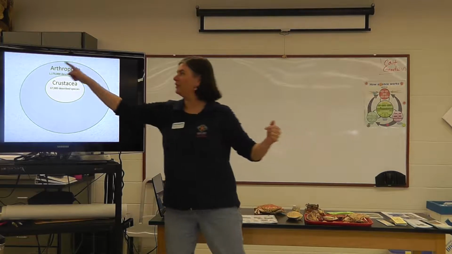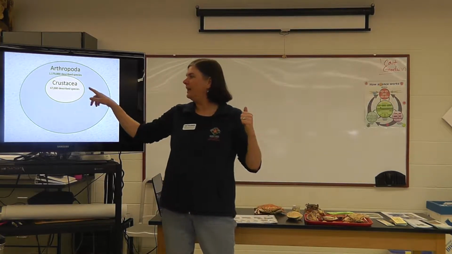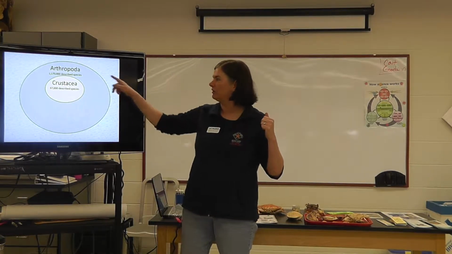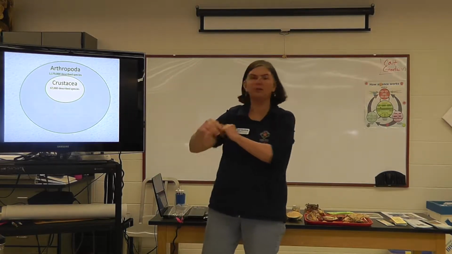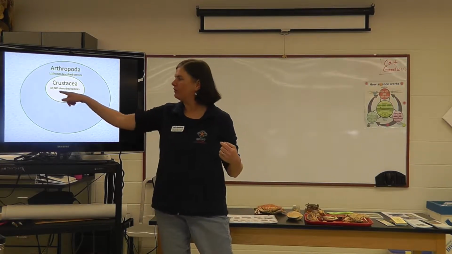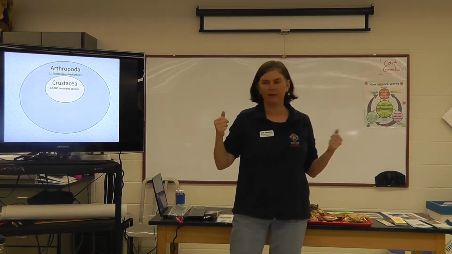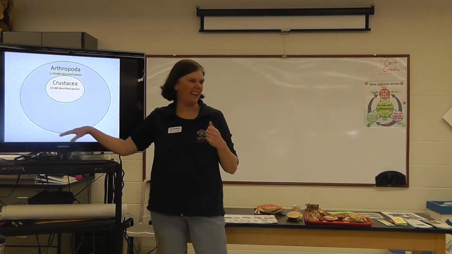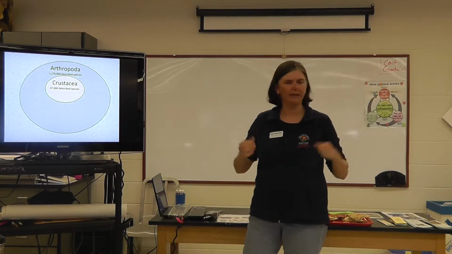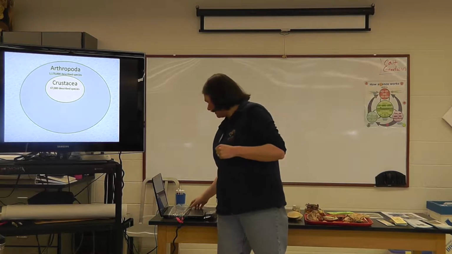In this big circle of arthropods, some of them are crustaceans. Arthropods have 1.1 million described species, and crustaceans are about 67,000 described species, a subgroup within the arthropods. This is not to scale, just a general way of visualizing these groups.